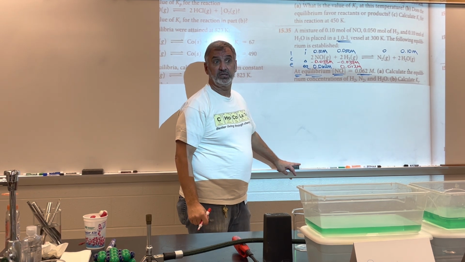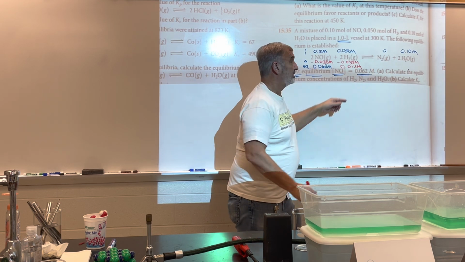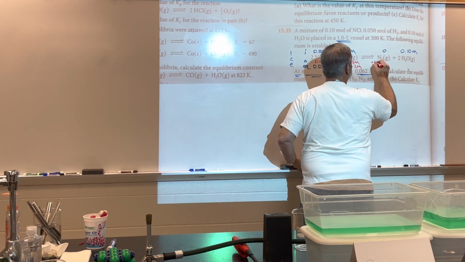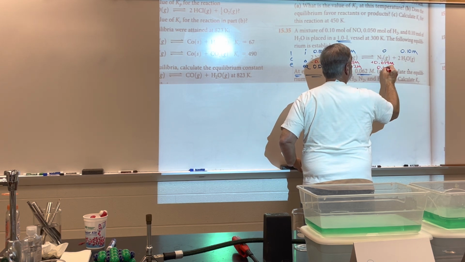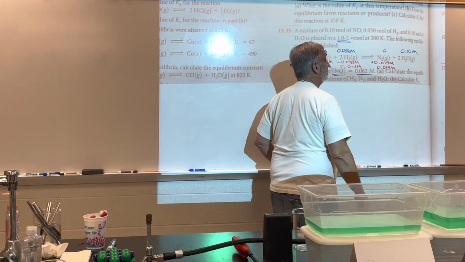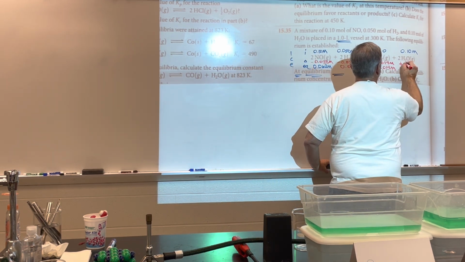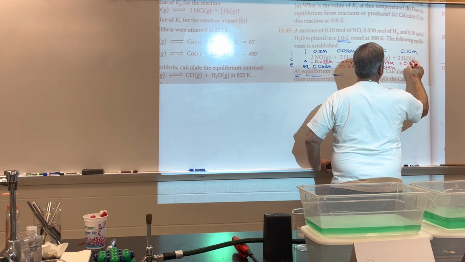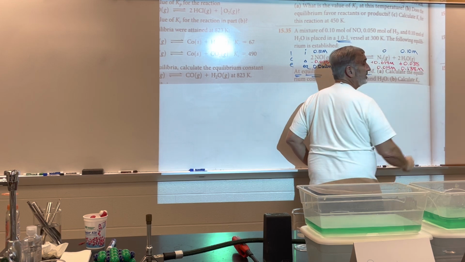It's 2 makes 1, so it's plus 0.019, and 0.019 is how much I'm going to have at equilibrium. What about this one? Plus 0.038. So now at equilibrium, I have 0.138 molar of it.